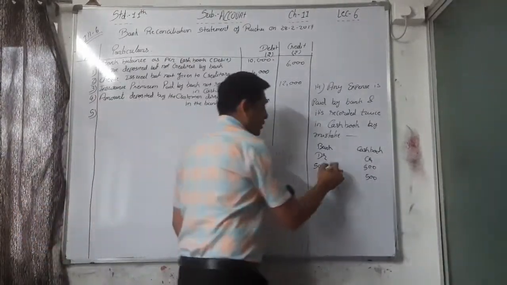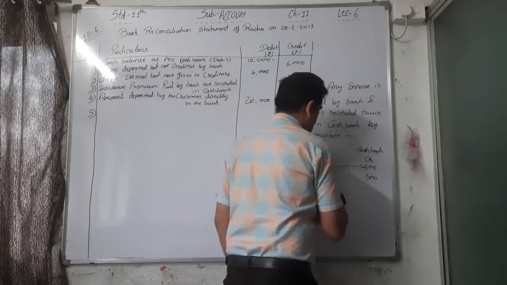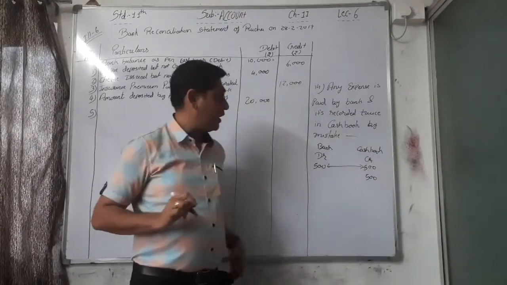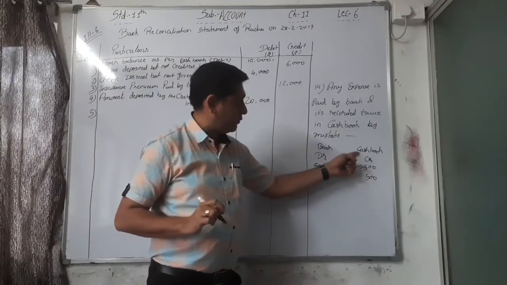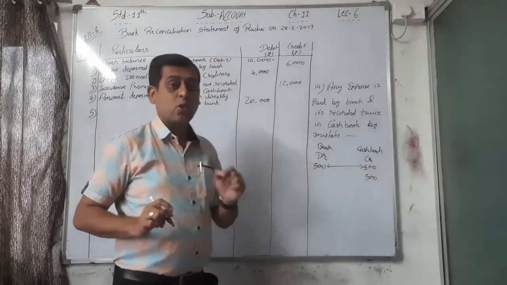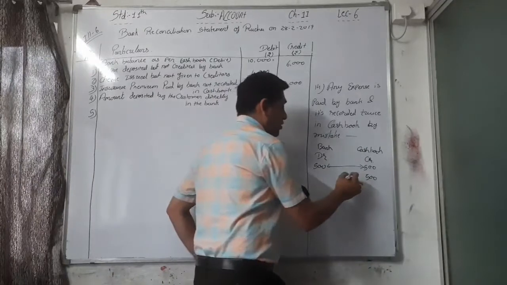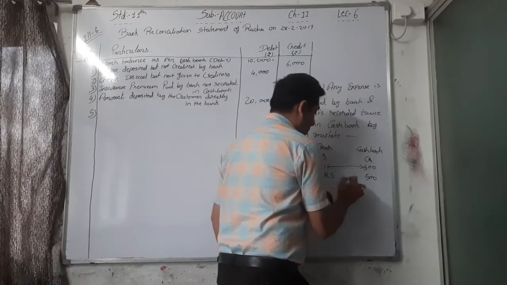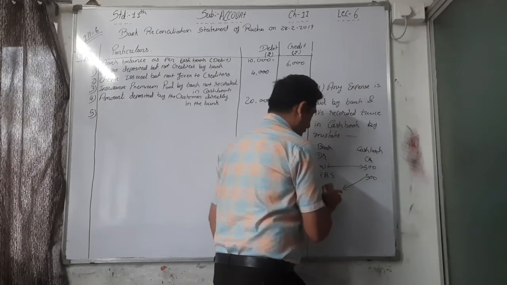One time debit by the bank, so one time credit in the cash book, but it is recorded a second time in the cash book. So in the bank reconciliation statement, we have to debit it.